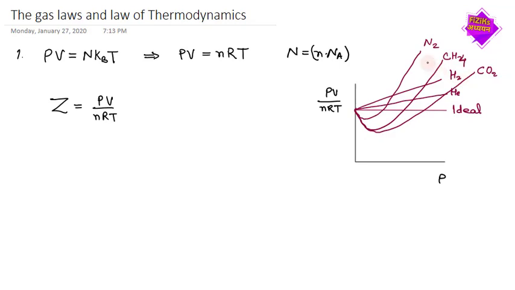So what will the Z factor tell you? The Z factor can be greater than 1 or less than 1; for an ideal gas it is 1. If Z is less than 1, this means a negative deviation, which means that the gas is more compressible.